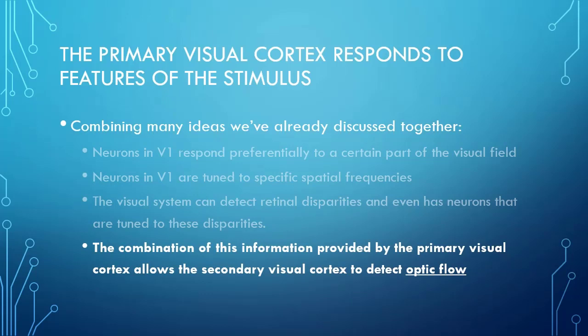On the other hand, the retinal disparity, if you now hold your 4 fingers out at arm's length and you move something left to right, then the neurons that respond to those disparities now are going to be tuned in. So if you start out in the center and you move to the left, neurons responding to when something is closer to your left eye than your right eye are going to start being activated, and vice versa. And so in terms of left to right movement, or even up to down, these neurons that are able to detect retinal disparities are going to be able to do some of that job.